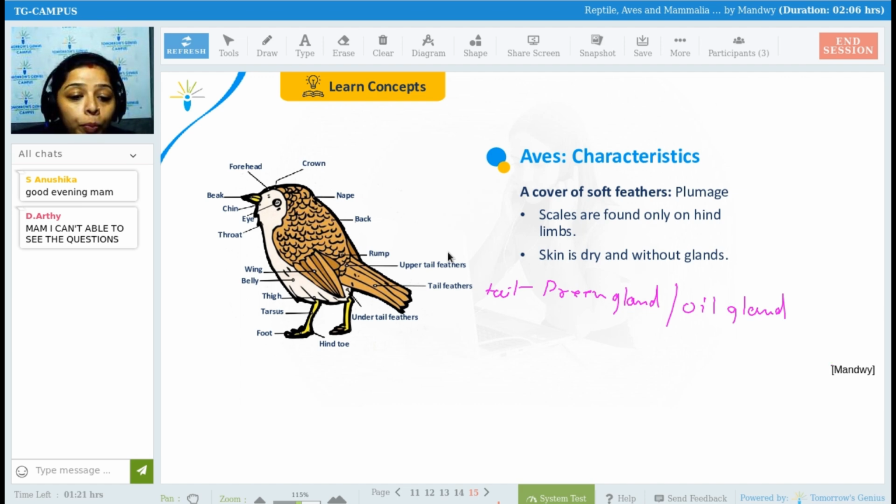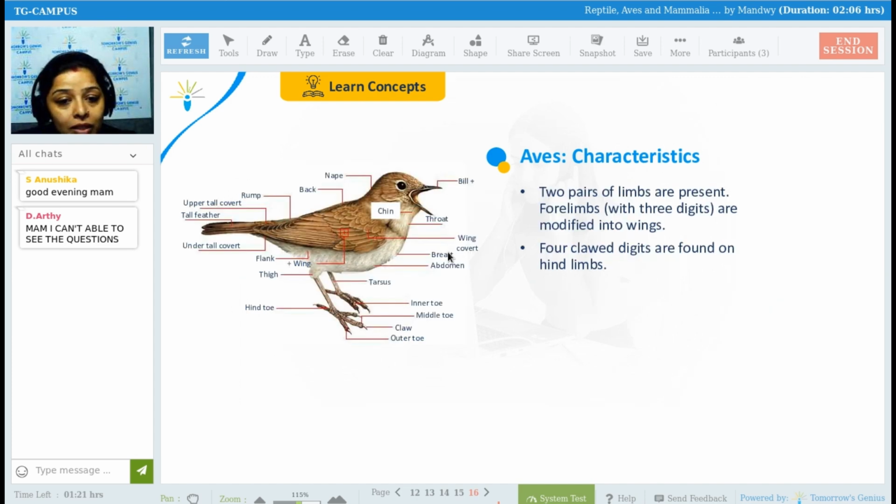They have two pairs of limbs, forelimbs and hind limbs.